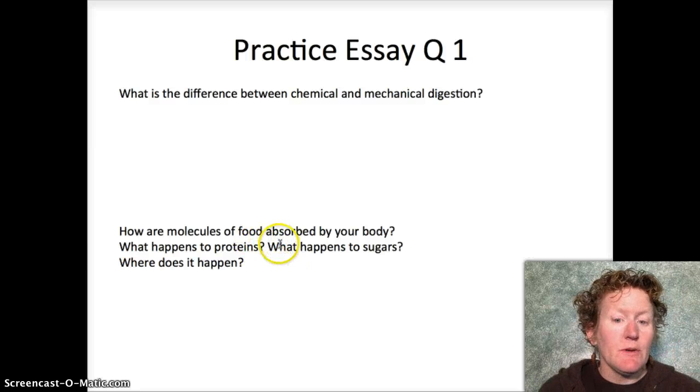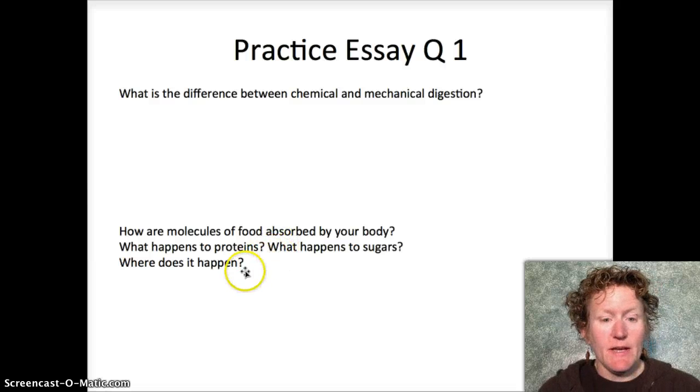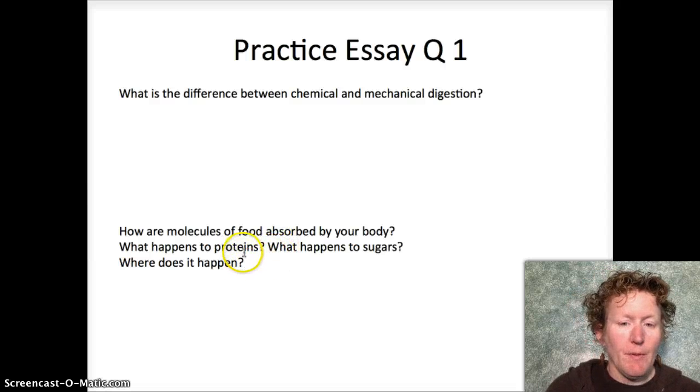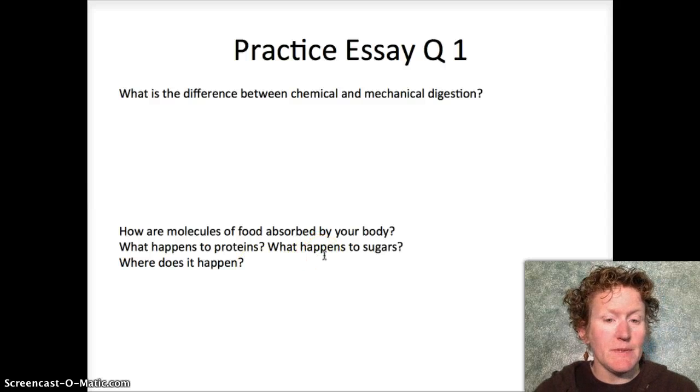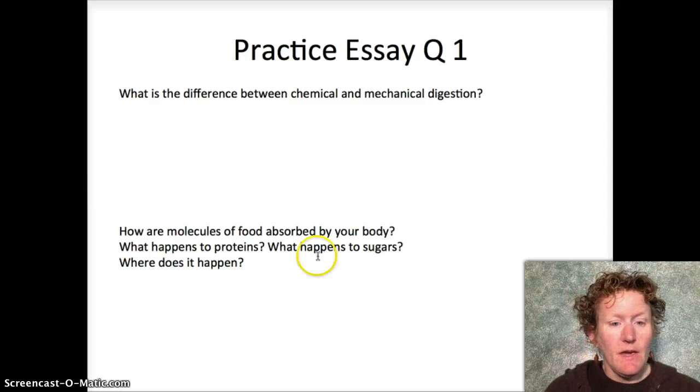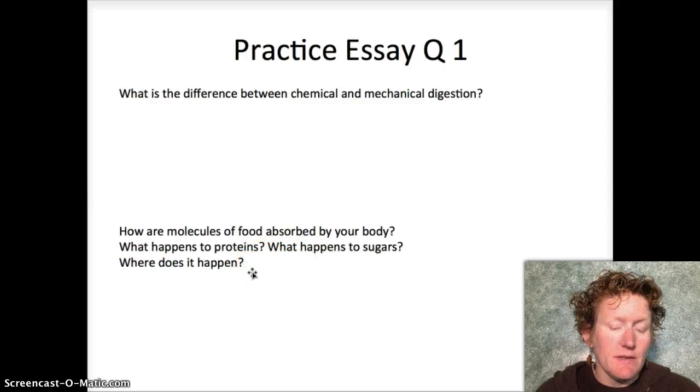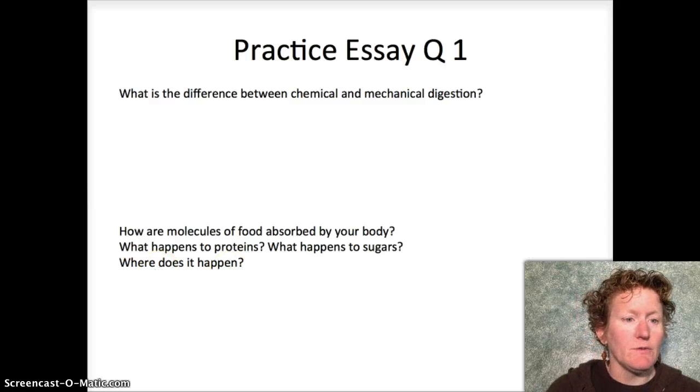Molecules of food are absorbed by your body in the small intestines. Proteins get broken down into smaller molecules. Sugars get clipped down into smaller molecules. And where that happens depends on whether it's a sugar or a protein. I'll let you look that one up.